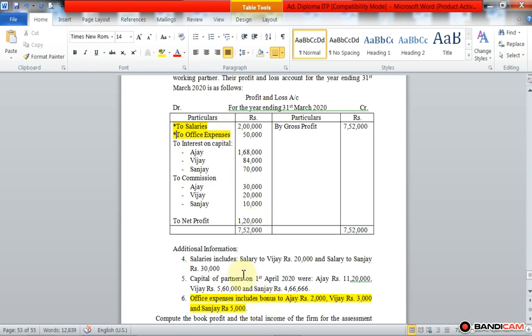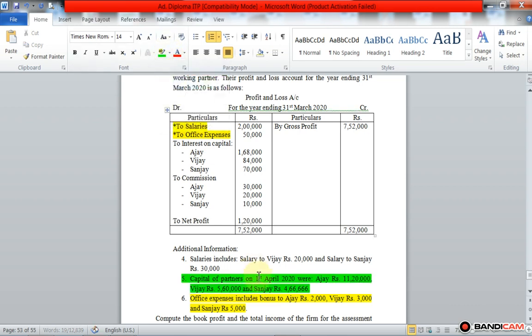So salary is all added to net profit as per the rules of the Income Tax Act 1961. Then capital of the three partners is given here, that is 11 lakh 20,000, 5 lakh 60,000 and 4 lakh 66,600. Salary is also given.